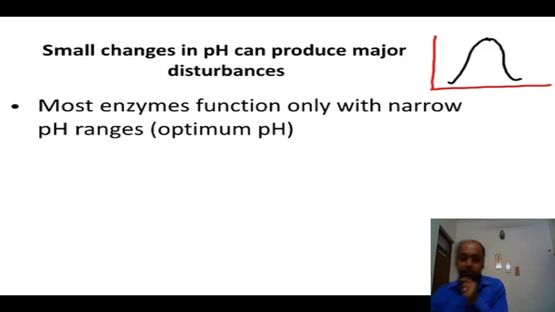What this bell-shaped curve means is that at the optimum pH there is maximum activity, but if you move from the optimum pH slightly, whether you go below or above, there's a sharp fall in the activity of the enzyme.